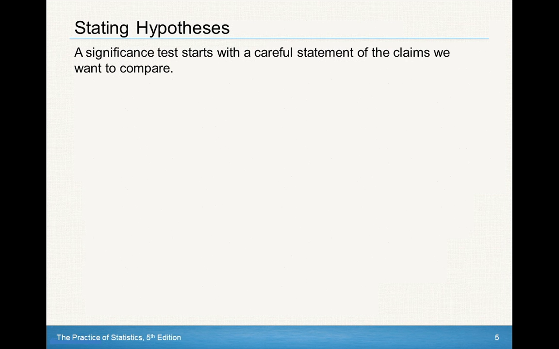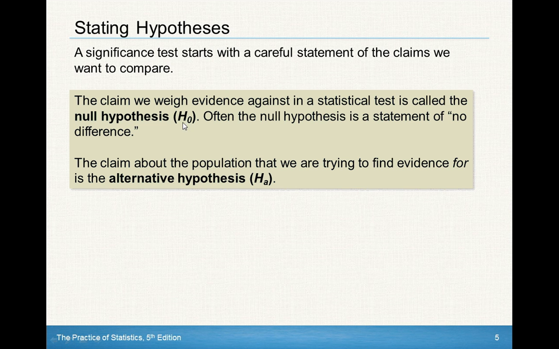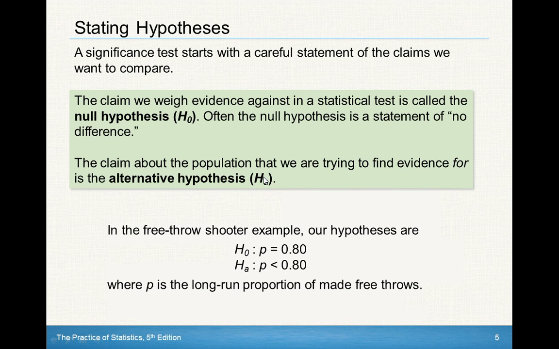A significance test starts with a careful statement of the claims we want to compare. The null hypothesis, written H sub 0, is called the hypothesis of no change or no difference. This is the original starting point. The alternative hypothesis is what we're trying to find evidence for, and this is called H sub A. In our free throw shooting example, the null hypothesis is that the proportion of free throws he makes is 80%.